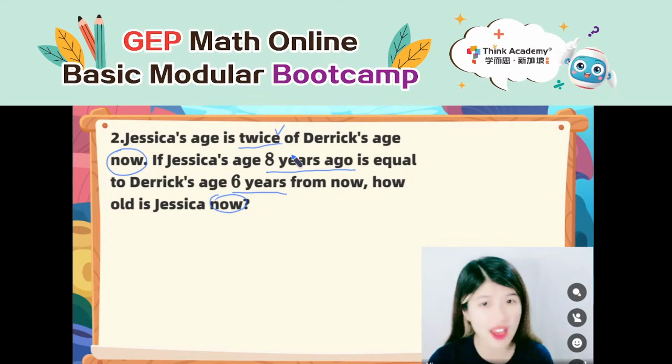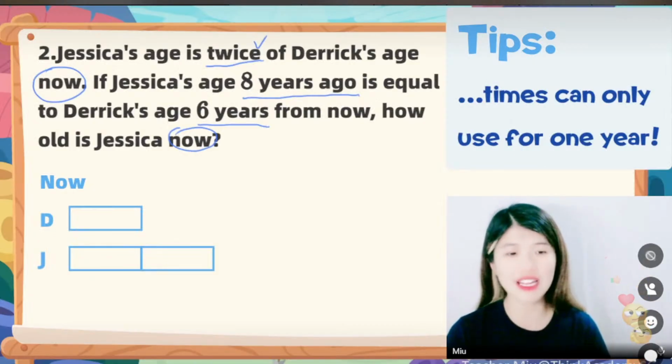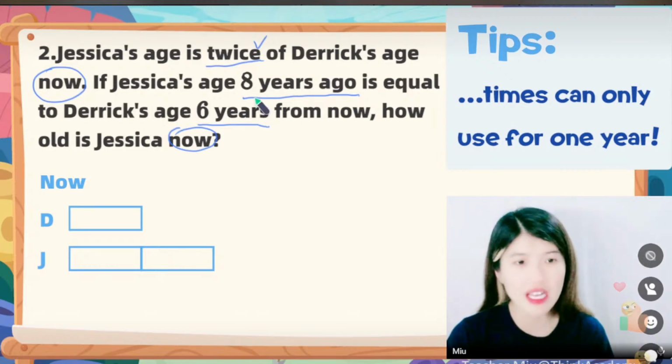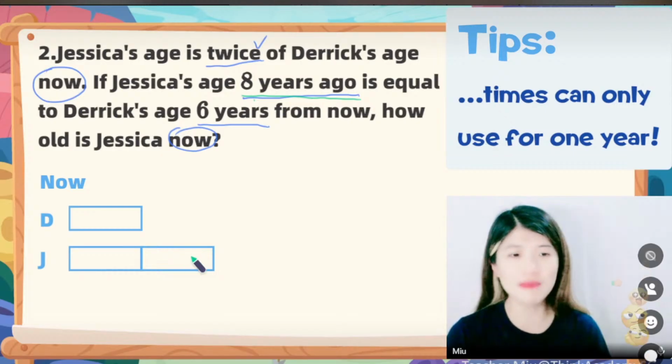But then again, shall this model of the multiple relationship be for this year or for what? Well done. It shall be for now. Jessica has 2 units, right? Okay, then continue. Look at this very crazy sentence. It goes, Jessica's age 8 years ago. That means for Jessica, we need to take out that 8 years.